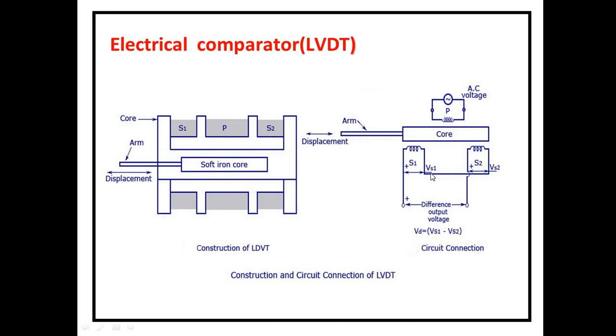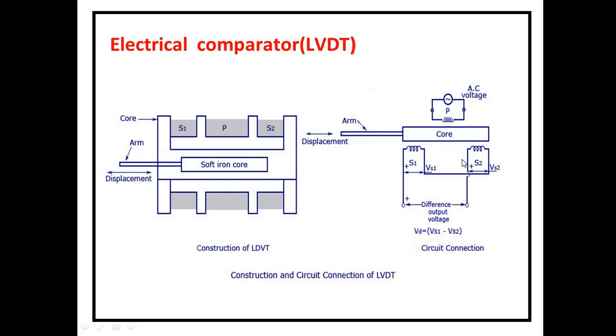Why? Because S1 and S2 are both symmetrical with respect to the primary coil, both are identical and have the same number of turns. That's why it is called the null position. Both are at the same distance from the core, so the voltages generated at these two windings are equal.